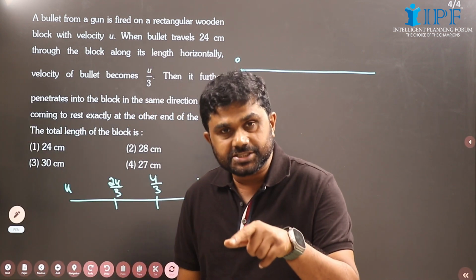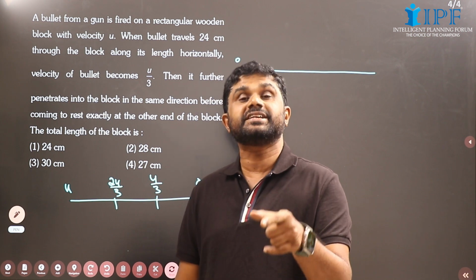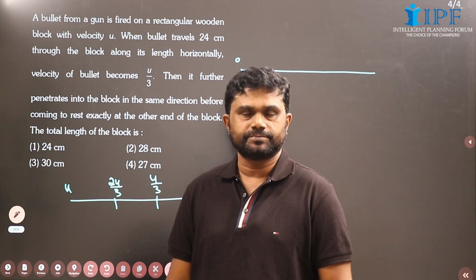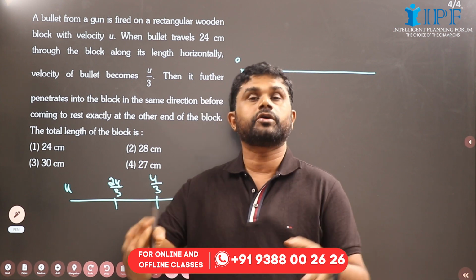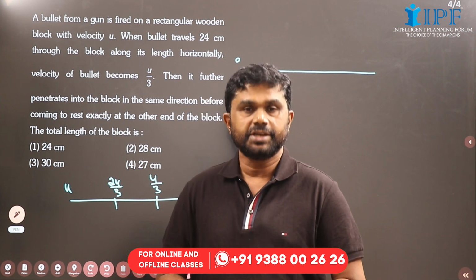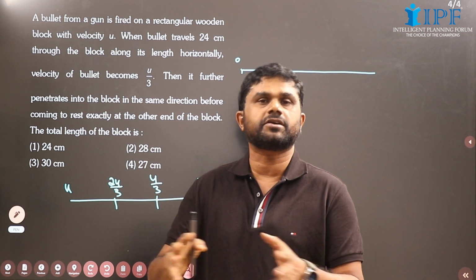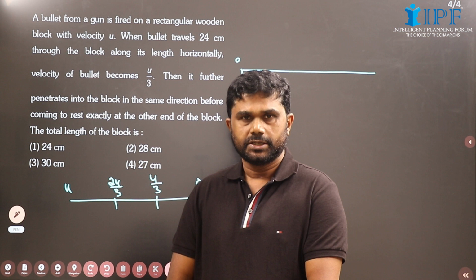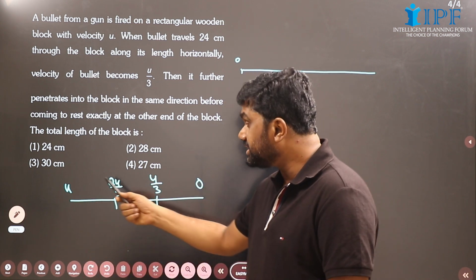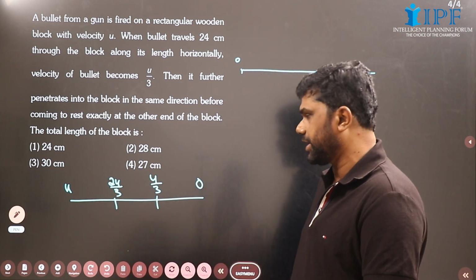If the acceleration is constant, velocity changes equally in equal intervals of time. Velocity changes means velocity can increase with time or it can decrease with time. In both cases, we take the acceleration constant if it changes equally in equal intervals of time. Here the velocity decreases equally in equal intervals of time.